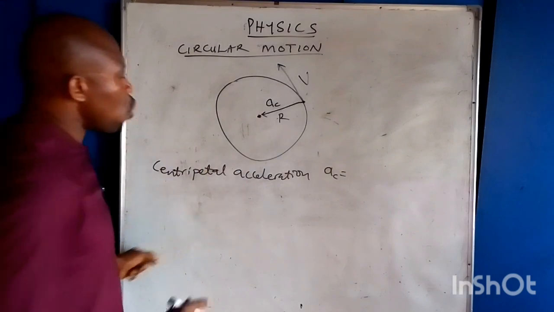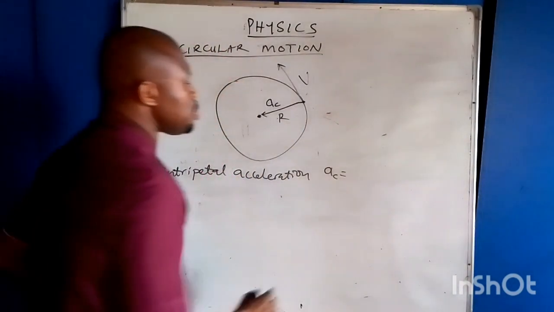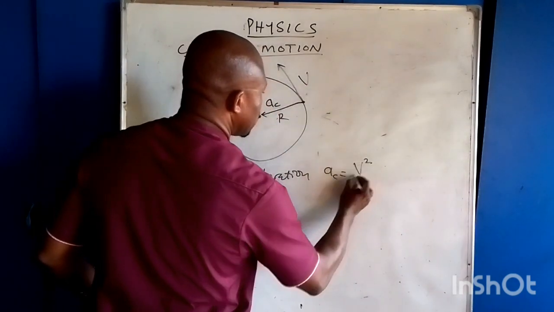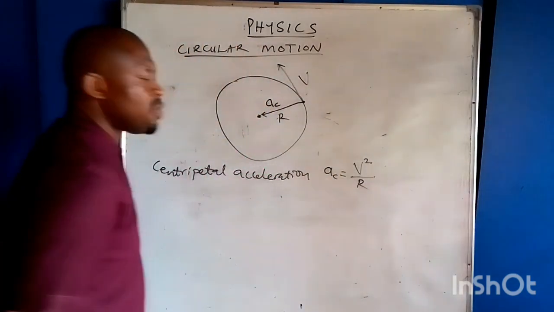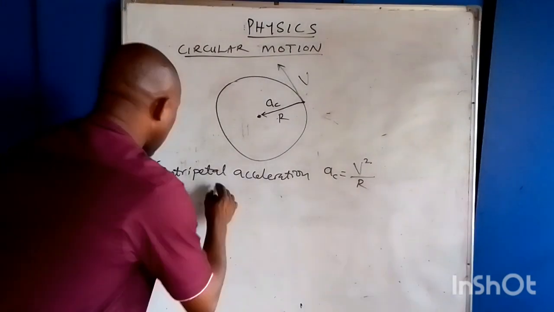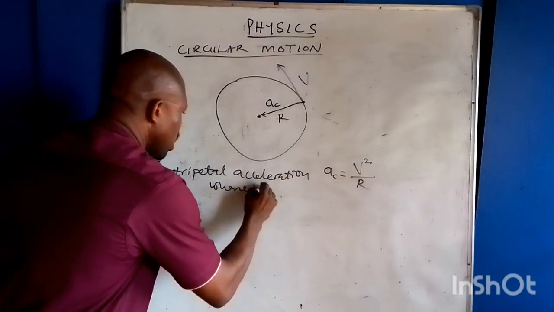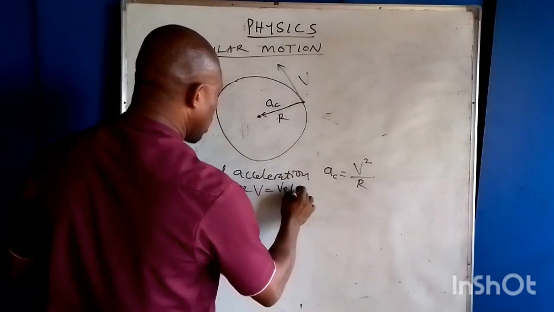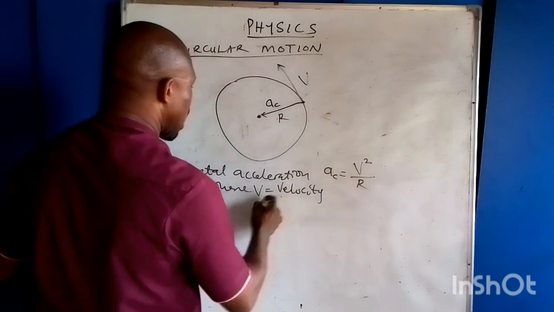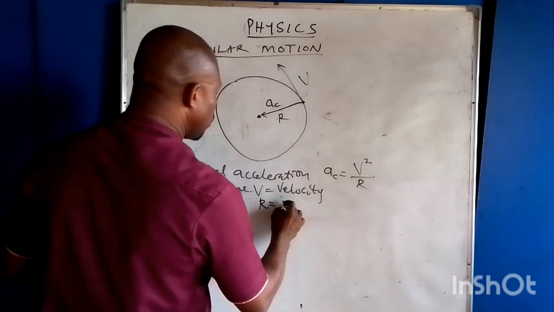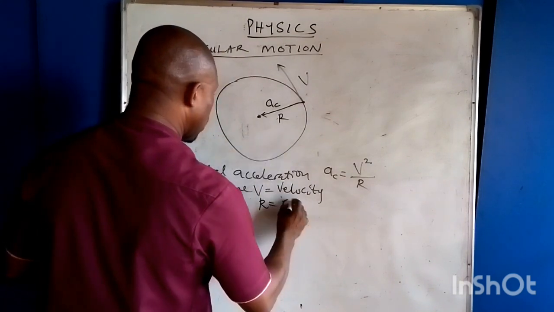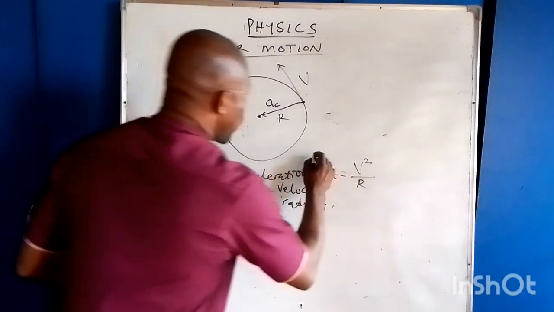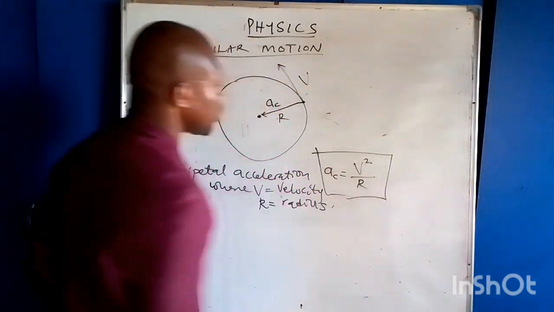And moreover, this centripetal acceleration can be expressed as a ratio of v squared over r, where v is the velocity or the speed, and r is the radius of the circular path. So we can put this in a box.